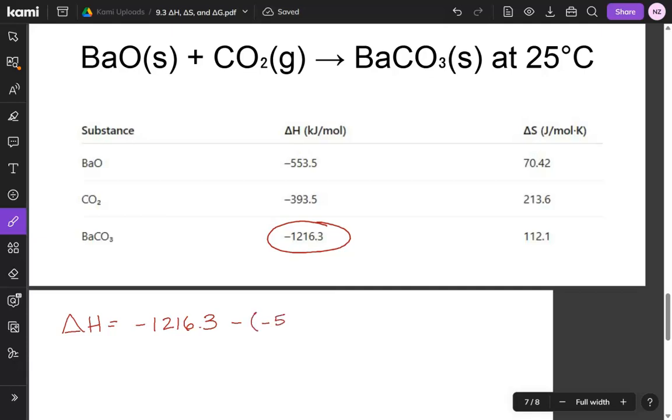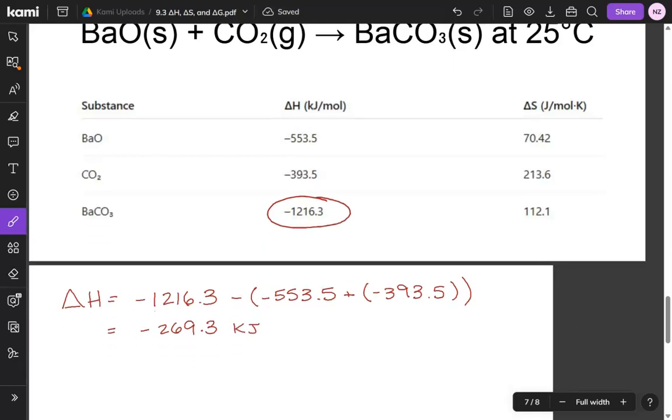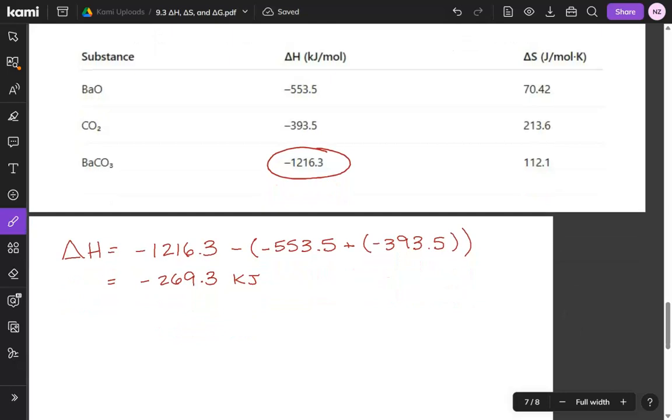So negative 553.5 plus, we have a negative 393.5. We plug all of these values in, and we get negative 269.3 kilojoules. Or, I'm sorry, just kilojoules, because we've already canceled out our moles, or we would have if we wrote in our 1 mole for each of our pieces here.